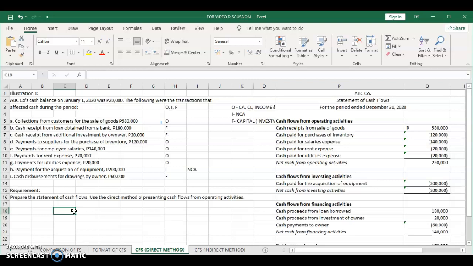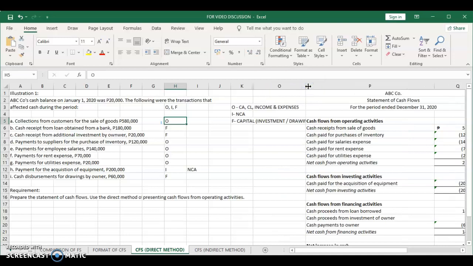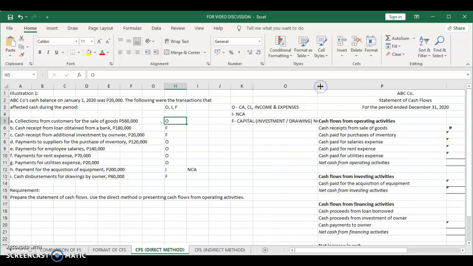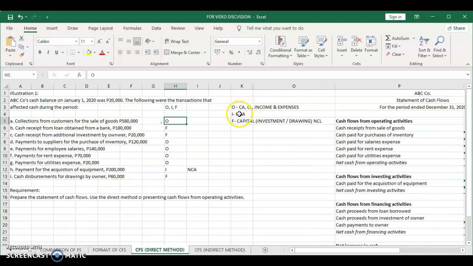Let's identify all of these, identify muna natin kung ano-anong mga activities yan. I have here on the side the answers already, but before that, class, let's recall first what are the transactions to be included in operating, investing, and financing.